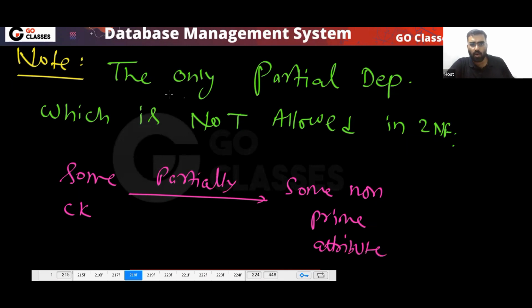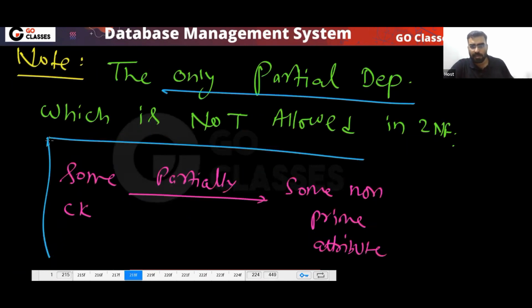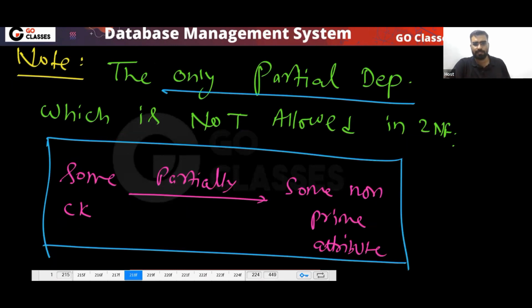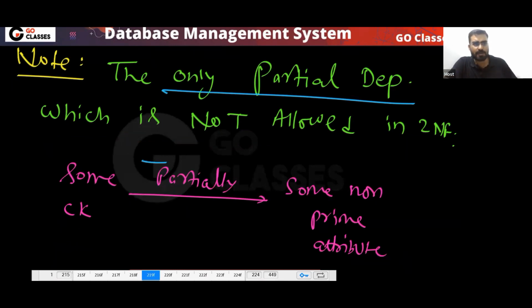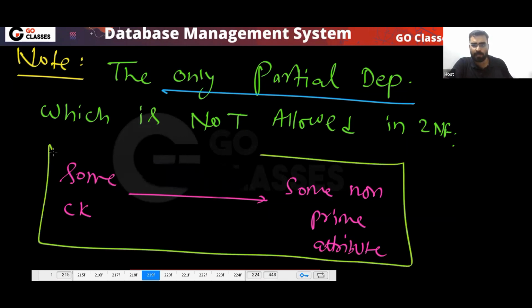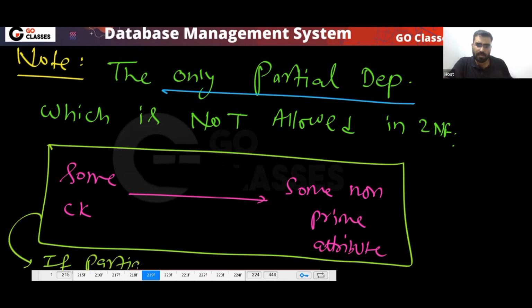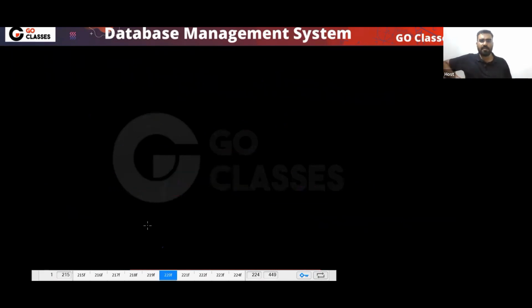Is this clear? This partial dependency is the problem. Tell me, is this point clear? So remember this, if this is partial, then there is a problem. But remember, the remaining partial dependencies are not a problem.